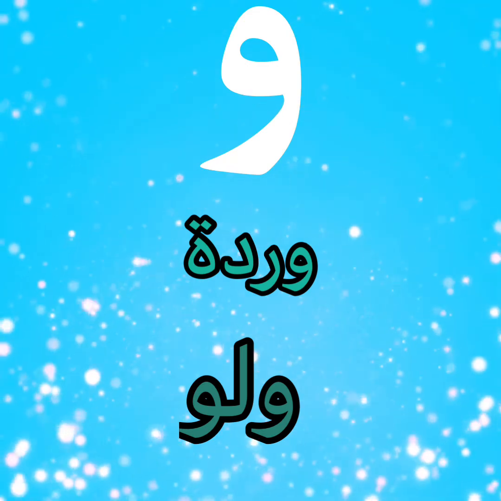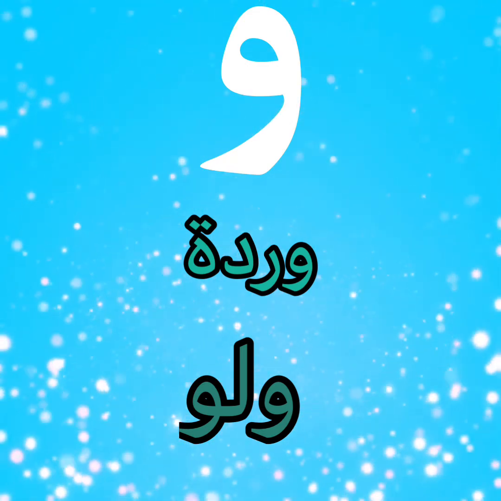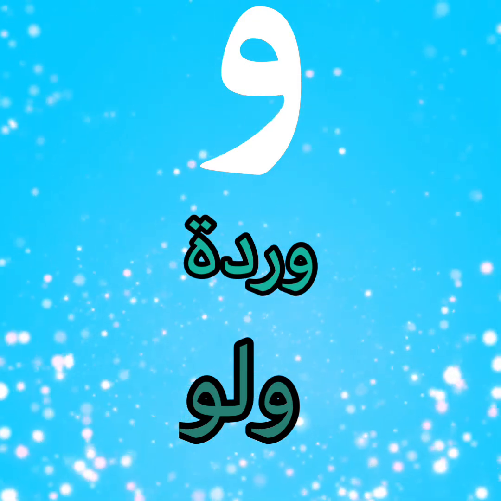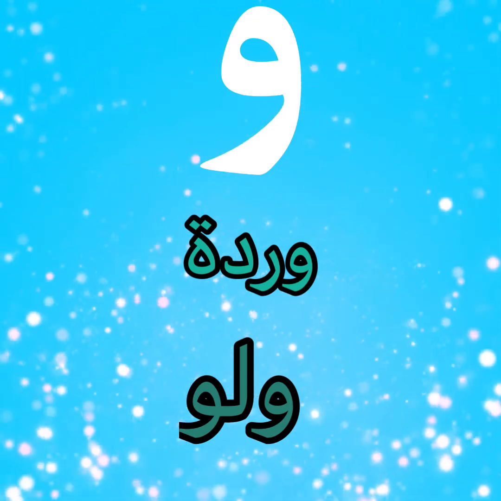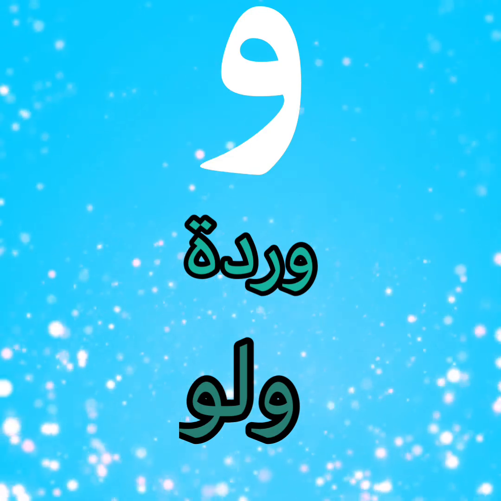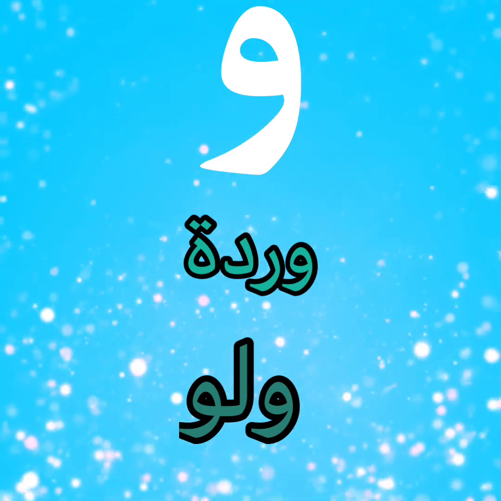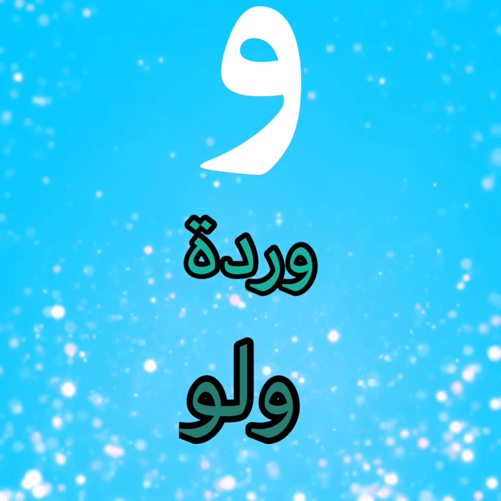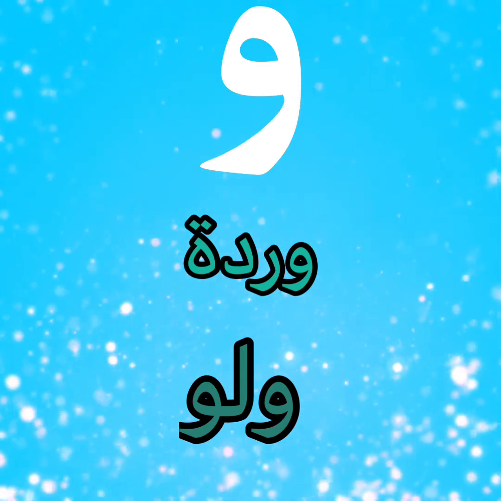If someone says ولو, it would be in this tone, ولو. As you may have seen, the letter waw is just like the letter dal, zal, ra, zai, and alef. It just doesn't like to get attached to any letter that comes after it on its left side.